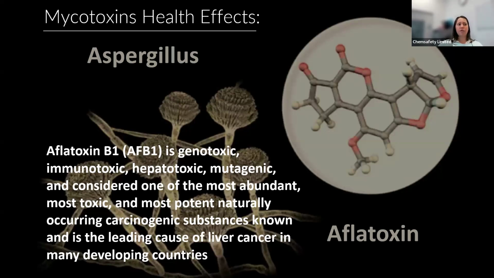B1 causes genotoxic, immunotoxic, hepatotoxic, and mutagenic reactions. And this aflatoxin is also considered to be the most abundant, most toxic, and most potent of the naturally occurring carcinogenic substances known. It's also the leading cause of liver cancer in many developing countries. Aflatoxins are not only produced by Aspergillus, they're also produced by various species of Penicillium, Rhizopus, Mucor, and Streptomyces.